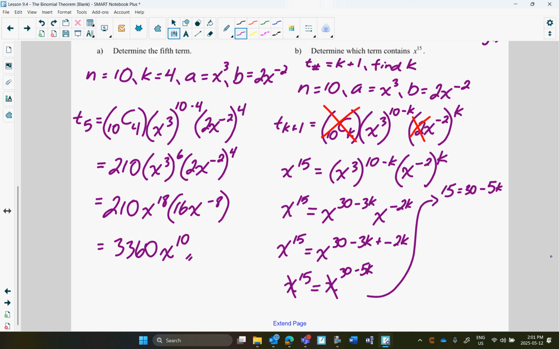So I'll keep the k on this side, subtract 30, gives me negative 15 is equal to negative 5k. Therefore, k is equal to 3. But that's not the term number. The term number is, if k is 3, what's the term number? 4. Term number 4.